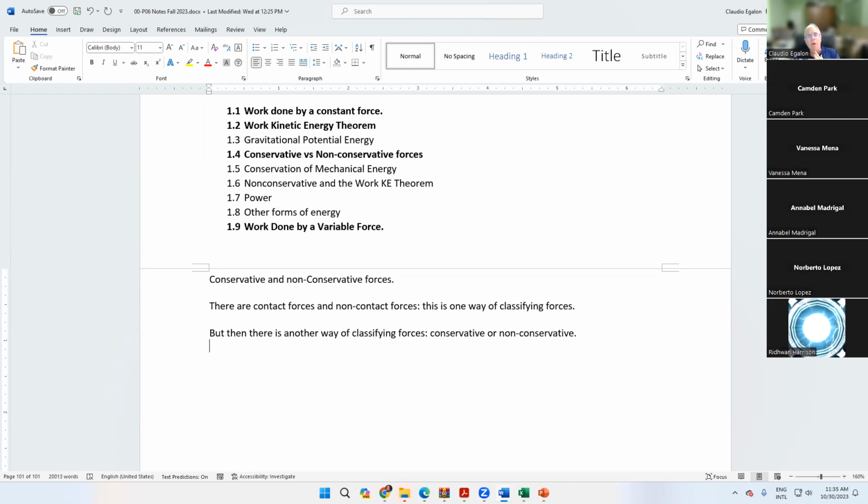Now, what do I mean by conservative and non-conservative forces? Definition: a conservative force is a force whose work does not depend on the path taken by an object.